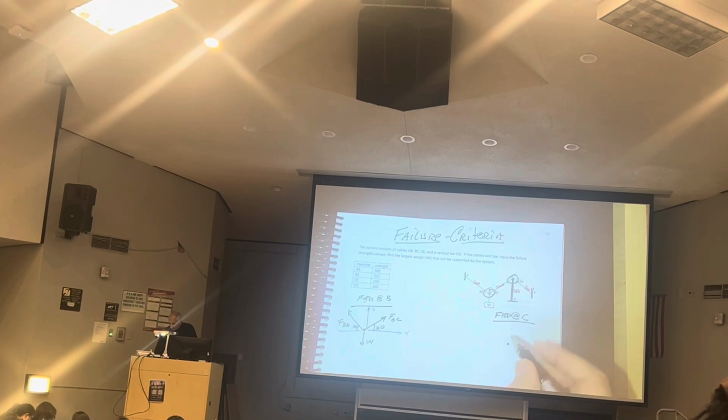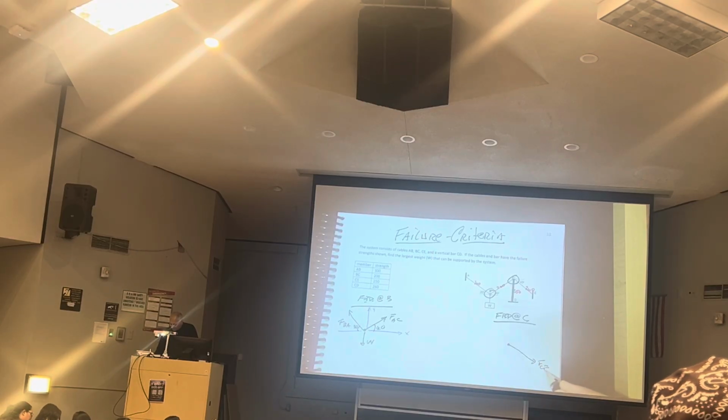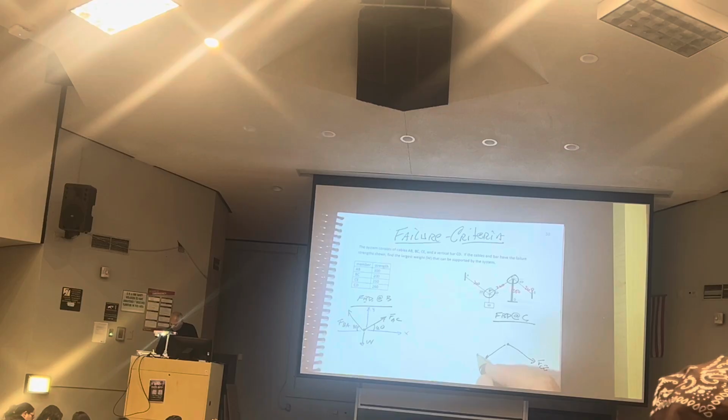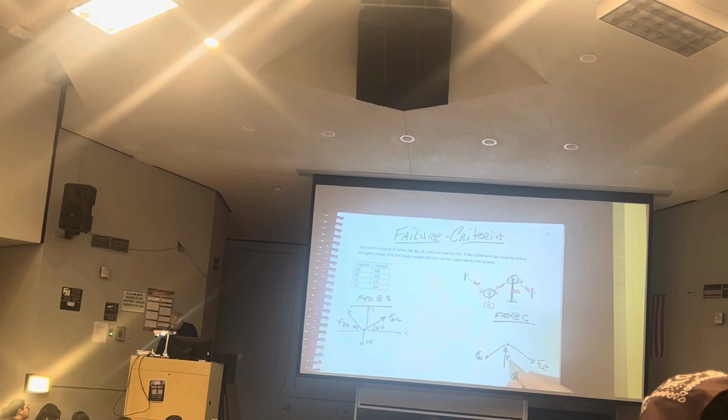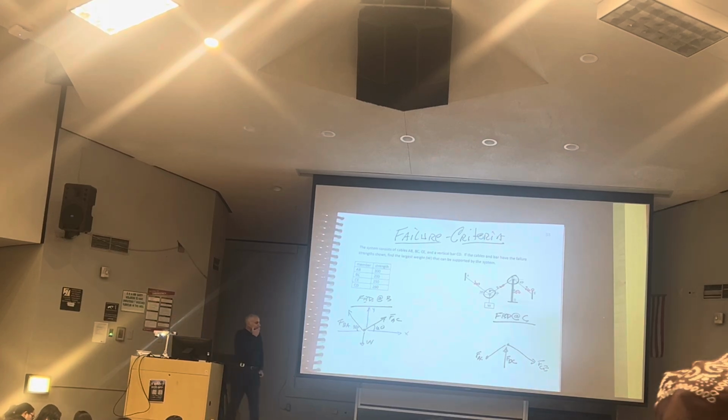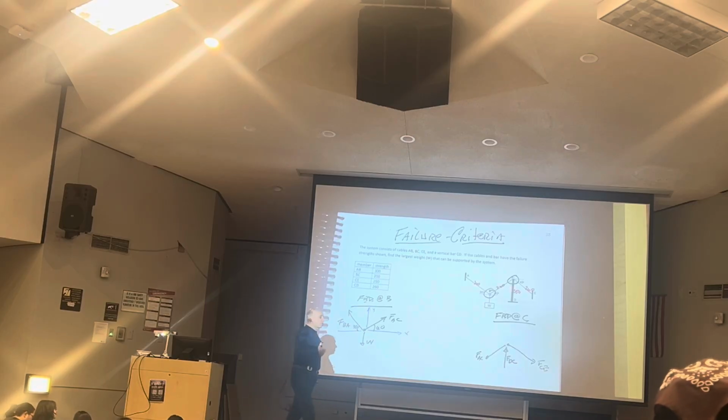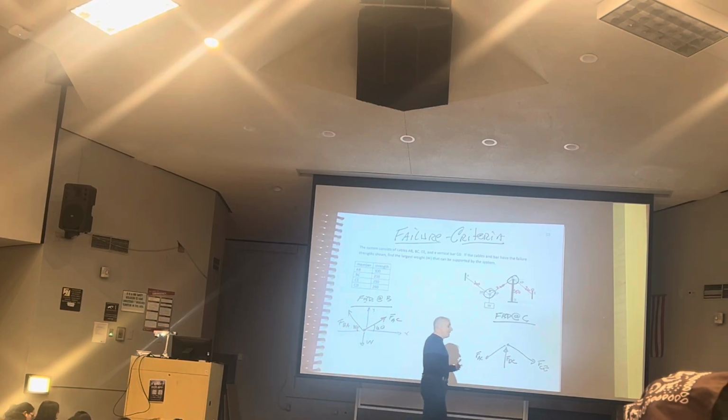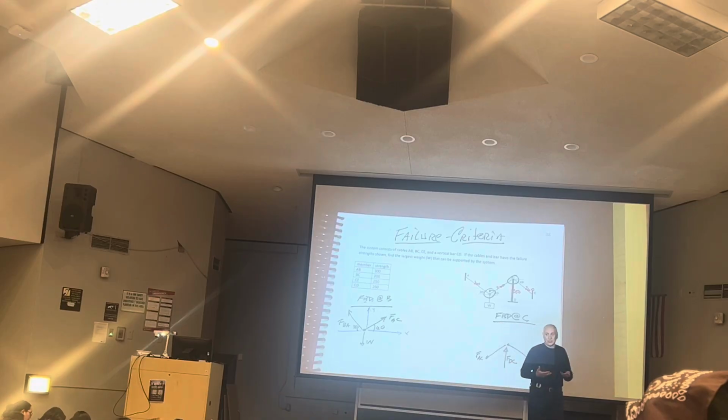Free body diagram here. I got some force FCE this way. I got some force FBC that way. And I'm going to show this solid member pushing up, DC. I can draw pushing down or pulling. I'm going to draw pushing up, which means DC is in compression, not tension.